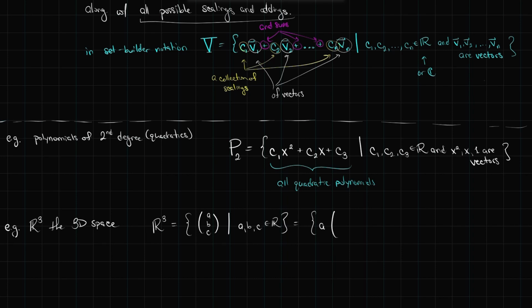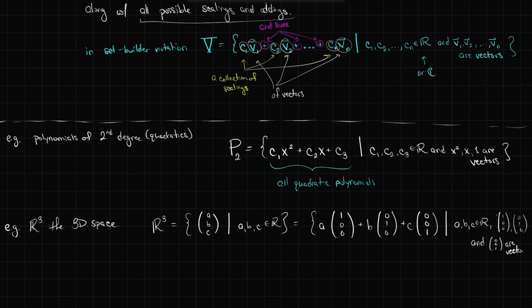We write it as A times the vector (1, 0, 0), plus B times the vector (0, 1, 0), plus C times the vector (0, 0, 1). Now it looks like A, B, and C are in R, while (1, 0, 0), (0, 1, 0), and (0, 0, 1) are vectors. So that's how you get away with R3 doing set builder notation.